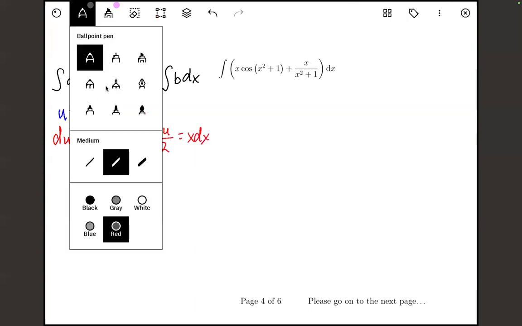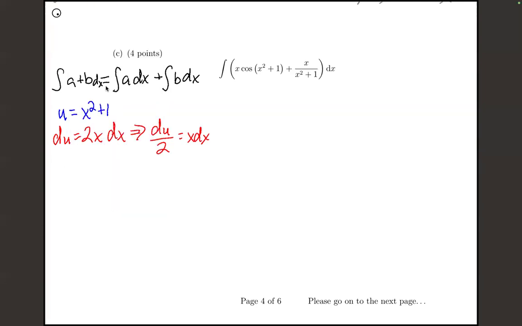So let's see what sort of simplifying we can do now. Again, I have 2 terms, so I'm going to separate them into 2 integrals. For the first one, I have an x dx, which is du over 2, and then I have cosine of u.